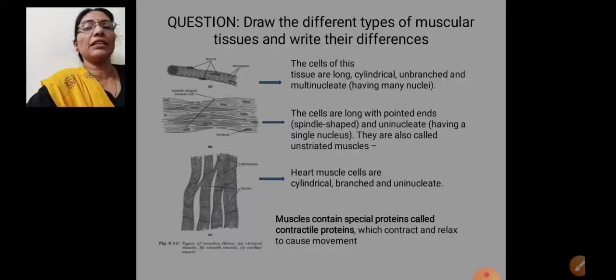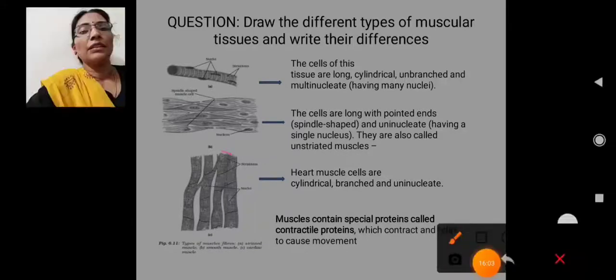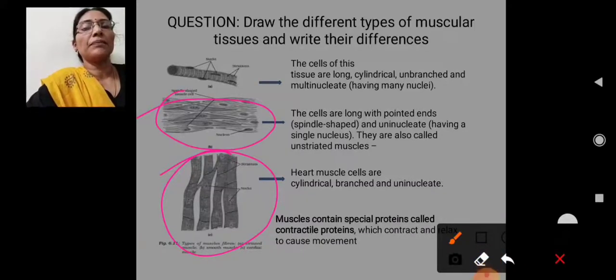You can see how the cardiac muscle is branched. You can see how the smooth muscles are here. Smooth muscles have no striations, they are uninucleated. And multinucleated cylindrical skeletal muscles are also here.